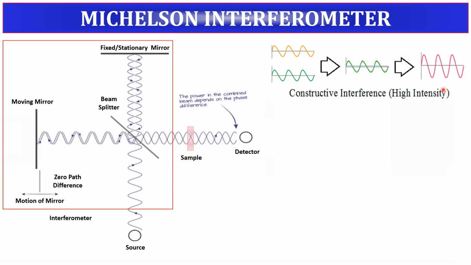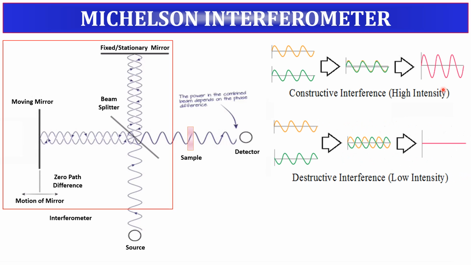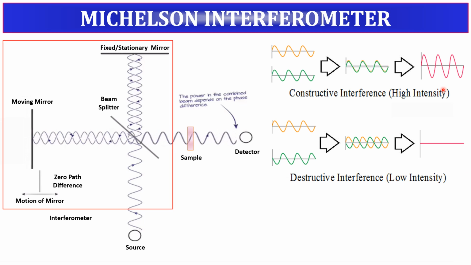This is called optical path difference. And when there is optical path difference, it is called destructive interference. Means the wave going to the moving mirror travels an extra distance, so when the beams combine at the beam splitter, the waves cancel each other. This type of wave has lower intensity.